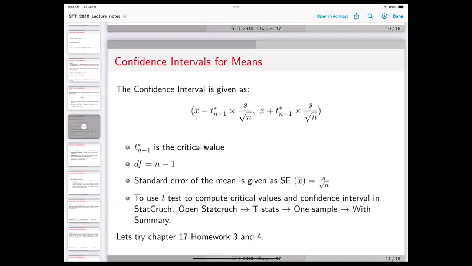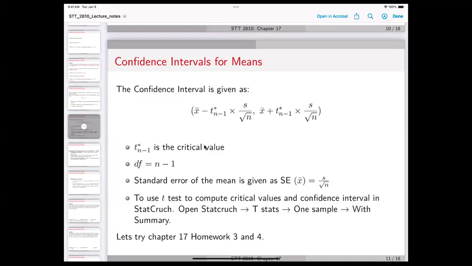Last Wednesday, we started with chapter 17, and we learned that the main idea for using the t-test is that when we are not given the population standard deviation, we have to lean towards the t-test.